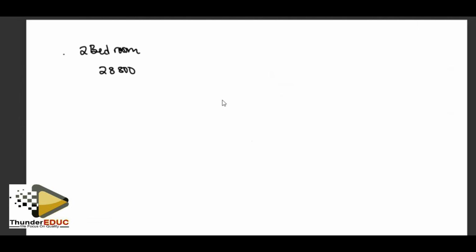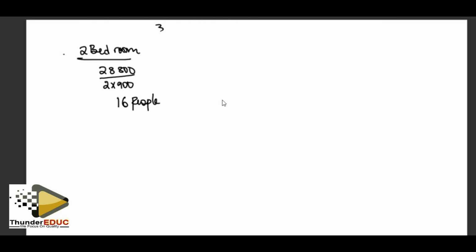So we need to know how many people were there. We shall need to divide by, remember there are 2 nights. If they paid this for 2 nights and each person is paying 2 times 900, how many people are there? We need to divide. So these were 16 people. So in the 2 bedroom, we have 16 people.